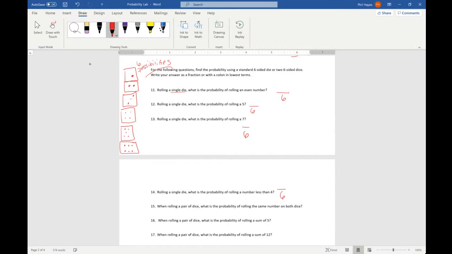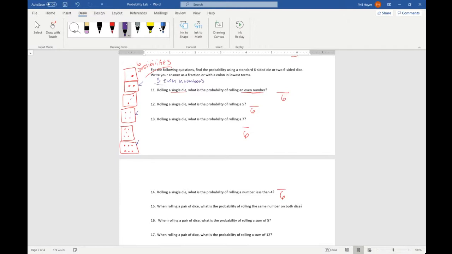Okay, for number 11, what is the probability of rolling an even number? So let's find the even numbers over here. So even, even, even. 2, 4, and 6 are even numbers. So we have 3 even numbers. So that's my numerator for my probability.